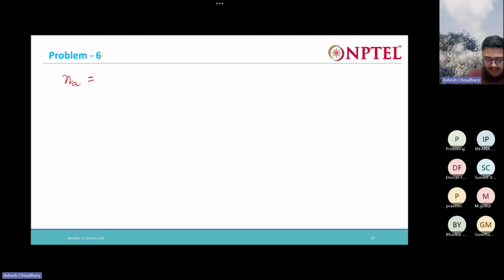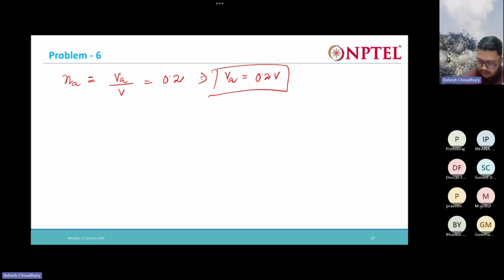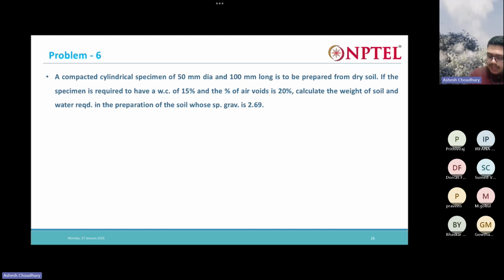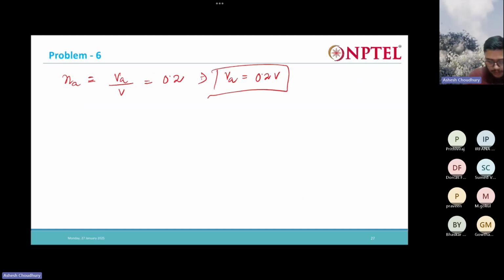Yeah, Va by V, correct. Irfana correct. So this is given as 20%. That means I can write 0.2. So now I have one more relation, Va in terms of V, 0.2 V. So first relation I got was VW is equal to 0.4 Vs, and now I got Va is equal to 0.2 V.